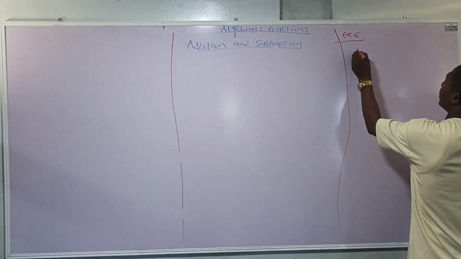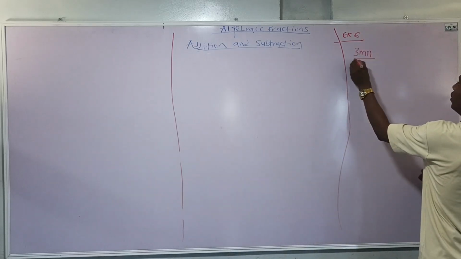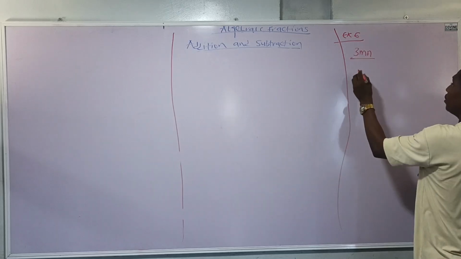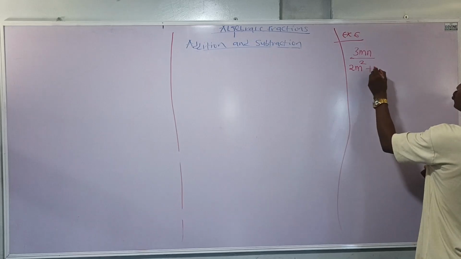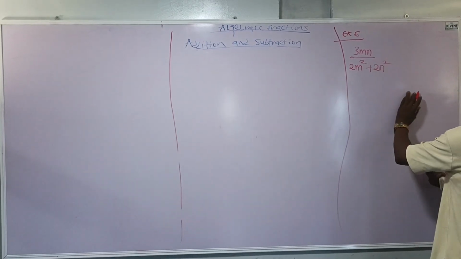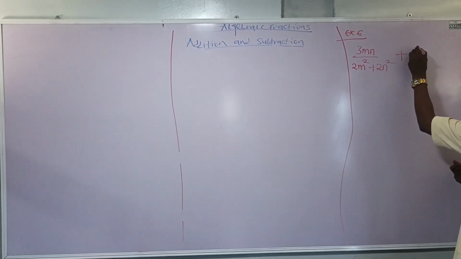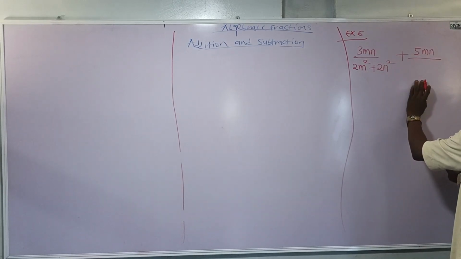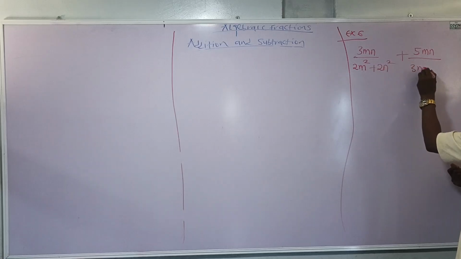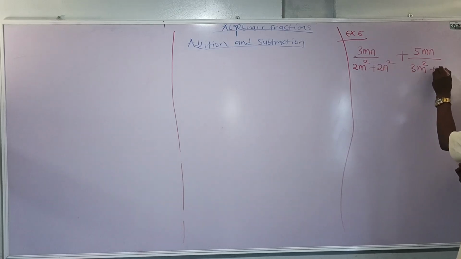We have 3mn all over 2m squared plus 2n squared plus 5mn all over 3m squared plus 3n squared.